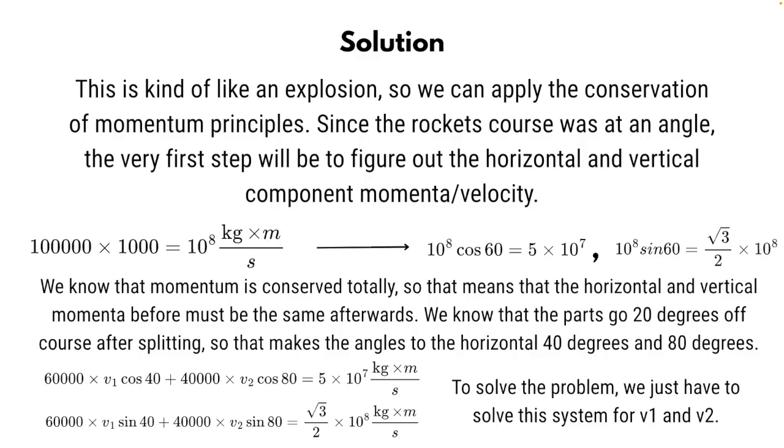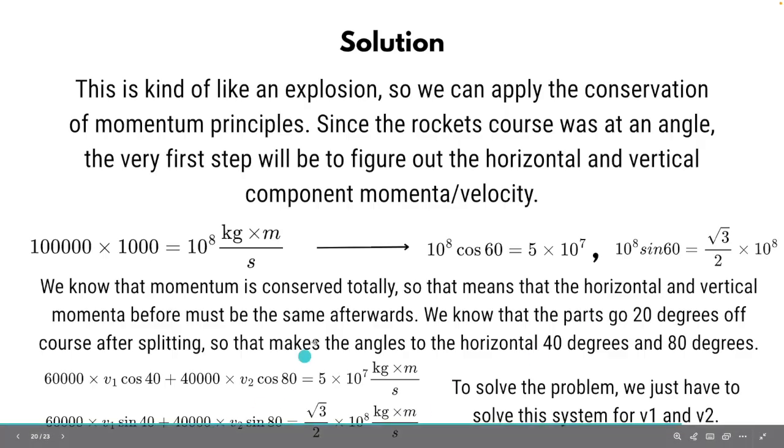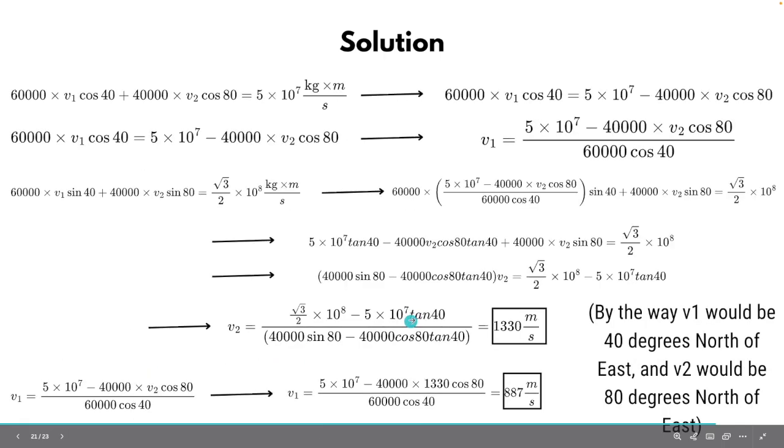From splitting components of the new rockets, we get this system. 60,000 V1 cosine 40 plus 40,000 V2 cosine 80 has to equal 5 times 10^7 kilogram meters per second, because the total momentum of the system has to be conserved. As you can see, the bottom one's just for the vertical component. So all we have to do is solve for V1 and V2.